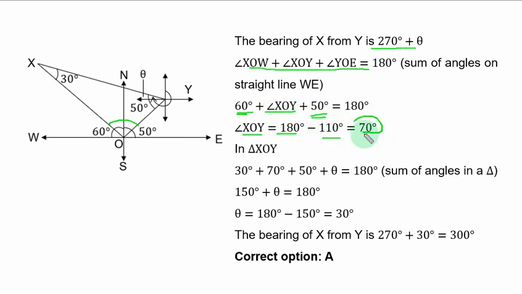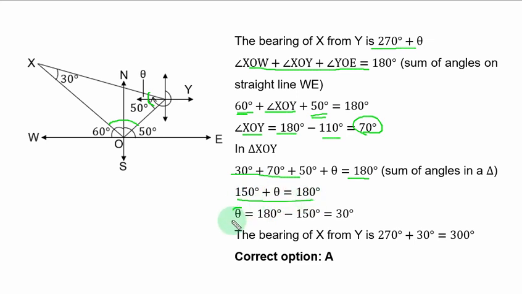you have 70 degrees. In triangle SOY, for us to get theta now, you add the 4 angles. This angle alone is 2 angles, so we have 4 angles in that triangle, and the sum is 180 degrees. When you add, you get this result.